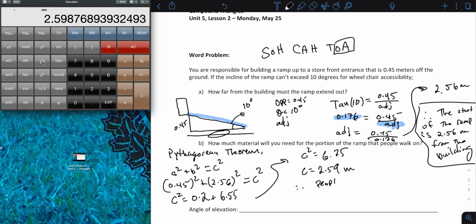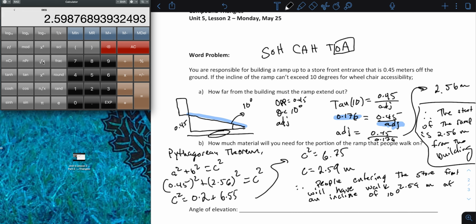people entering the storefront will have to walk 2.59 meters at an incline of 10 degrees.